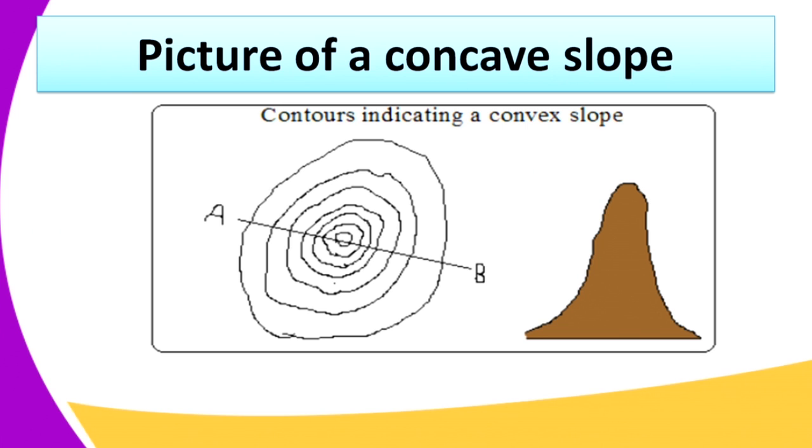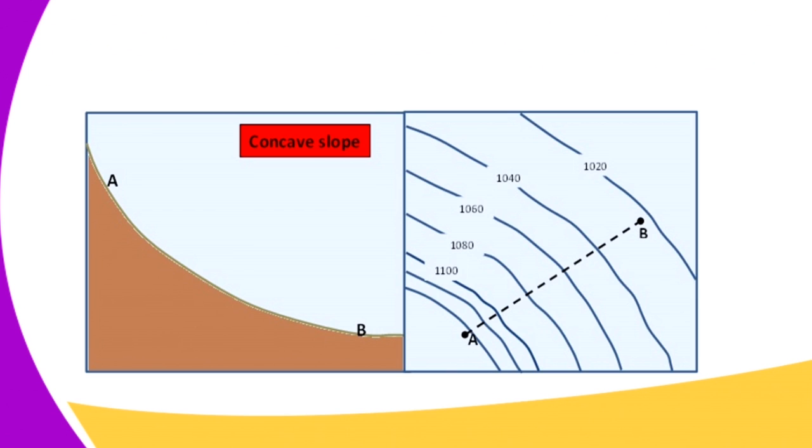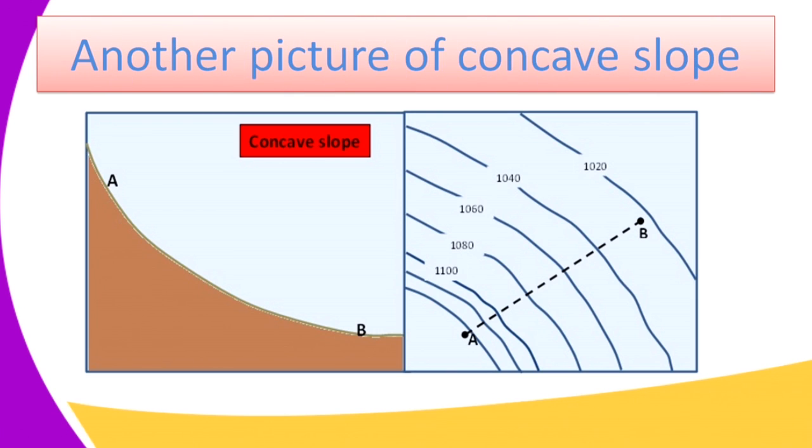We have an image of the concave slope, and in this image we see that the contour lines are close together at the top, while at the bottom the contour lines are widely spaced. So this is the opposite of the convex slope.